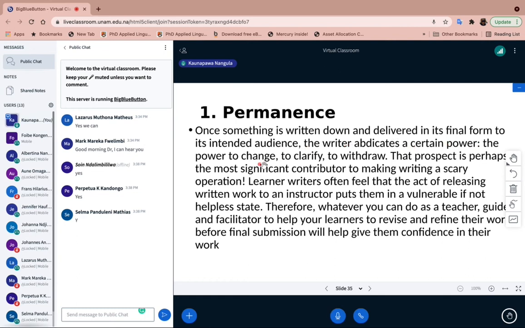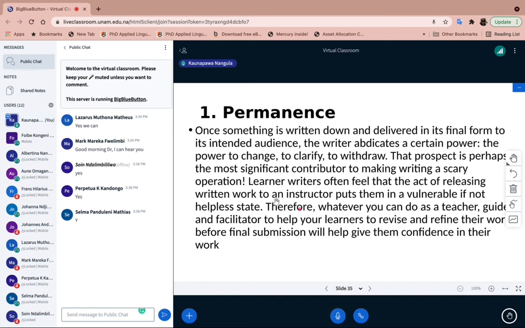If you write something and give it to whoever needs to read it, it's permanent. You forfeit your power, you can't change it anymore. You cannot clarify as much unless it's followed up with speech of some sort or clarifying questions, and you cannot withdraw. So the prospect of permanence is perhaps the most significant contributor to making writing a scary operation.